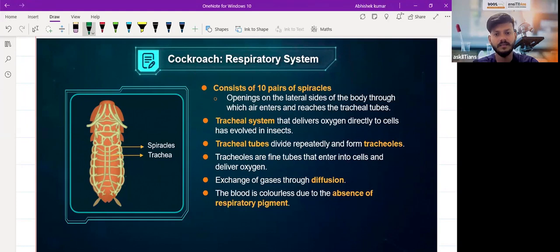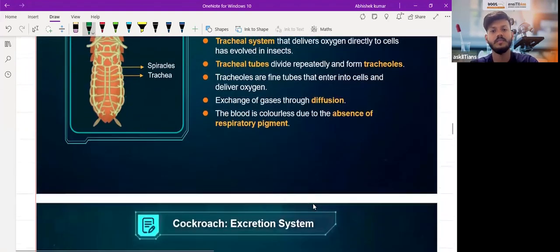So 10 pairs of spiracles and a tracheal system that delivers oxygen directly to the cells and has evolved in insects. The trachea tube divides repeatedly, and from it the tracheoles are fine tubules that enter into the cell and deliver oxygen. Exchange of gases occurs through diffusion. The blood is colorless due to the absence of respiratory pigment.